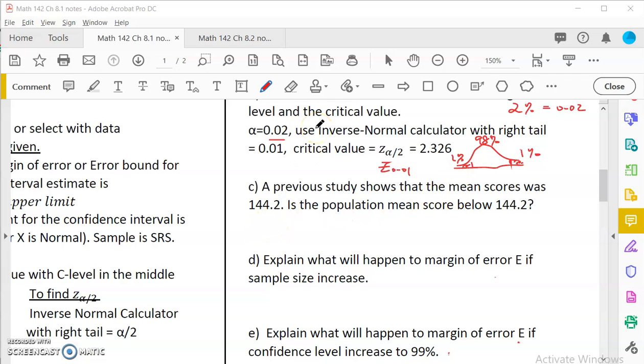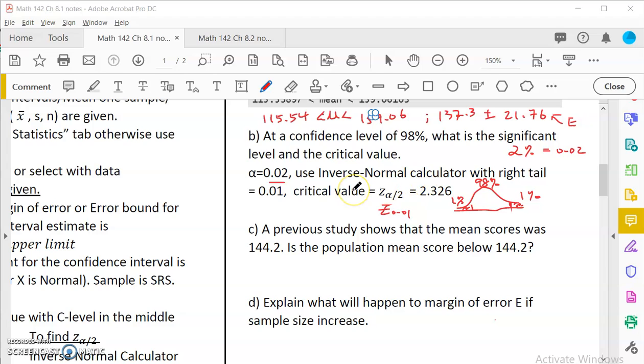So let's look at our estimation of what the real mean is. The easiest way is to draw the number line. Forget about your sample mean. Our real mean is from 115.54 to 157.06. Any of these values could be mu. We don't know which one it is, but there's just one number.